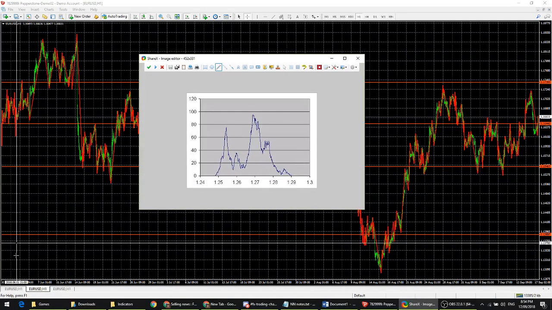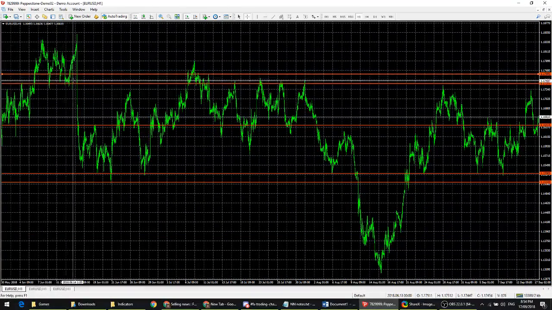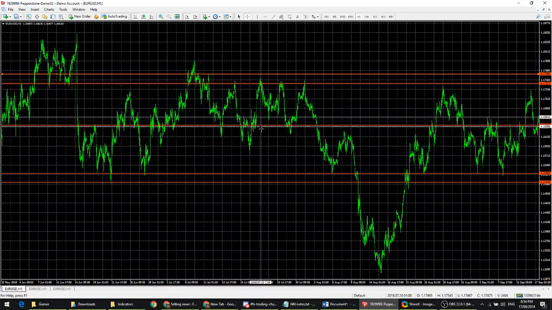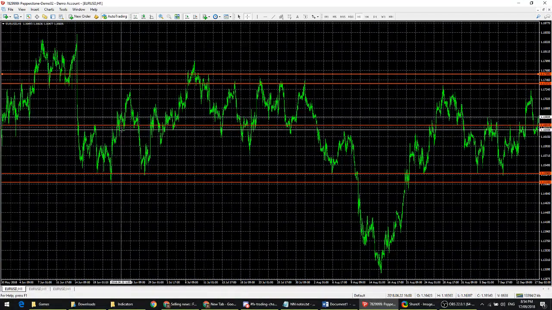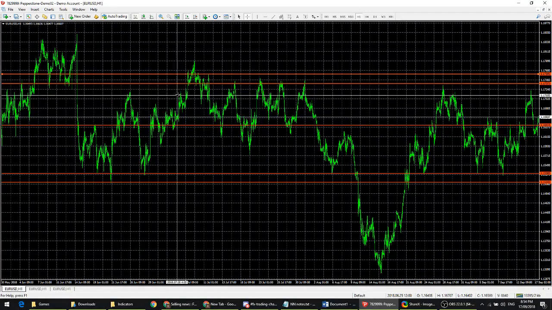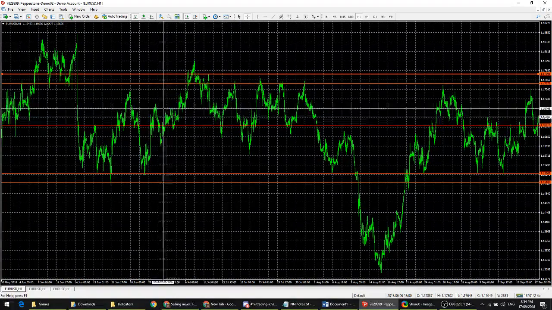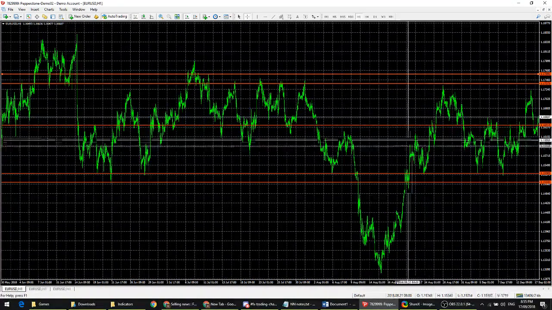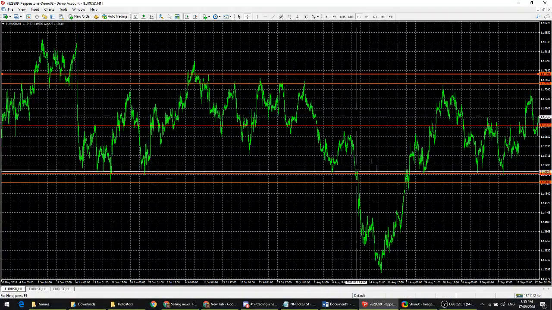So remember when we were first looking, and we were looking at, oh, there's lots of price activity in these areas. So lots of times things happened in these areas here. Lots and lots of bars in this area, and then in this area. So basically the whole area in here.